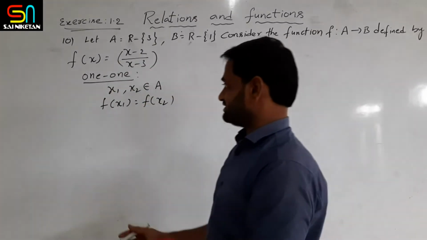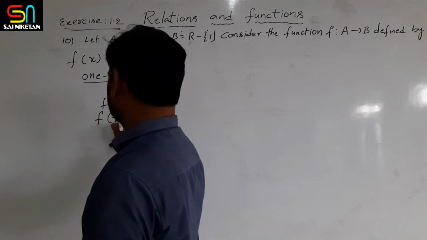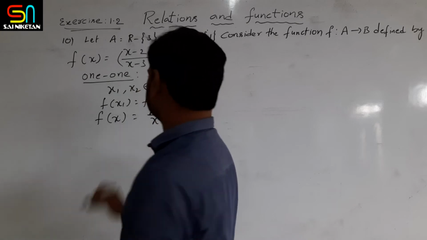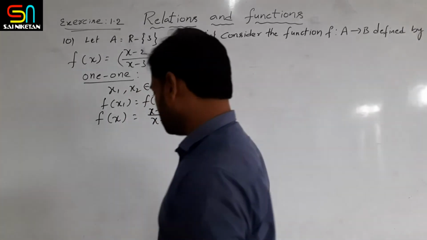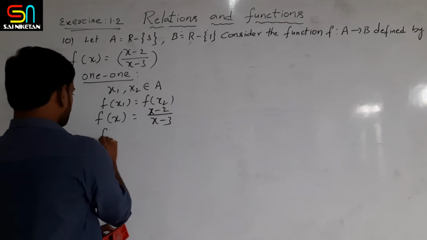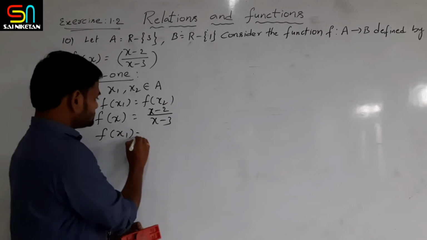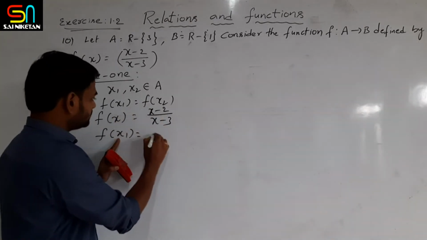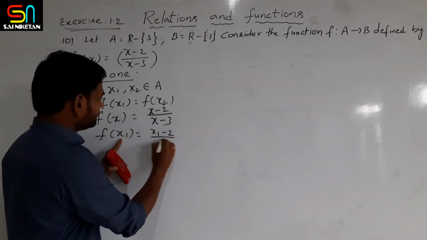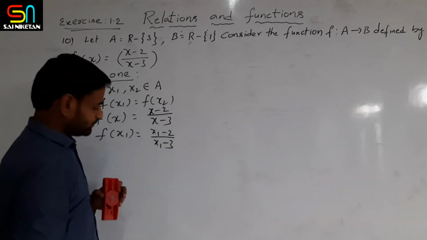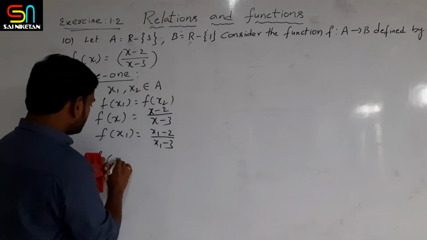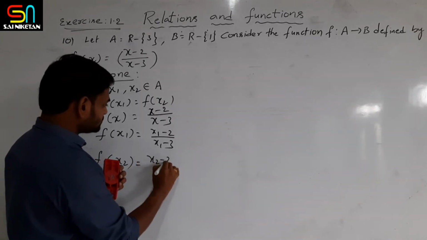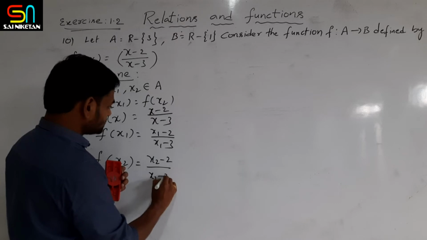Now what is the f of x here? f of x is (x minus 2) by (x minus 3). Okay. Now what is the f of x1? f of x1 is, just write down, in place of x is x1: (x1 minus 2) by (x1 minus 3). Now what is the f of x2? That is (x2 minus 2) by (x2 minus 3).